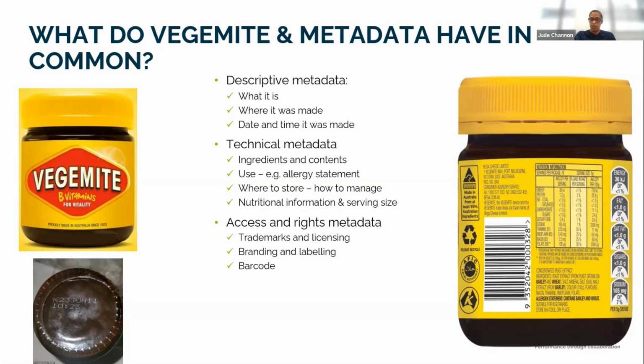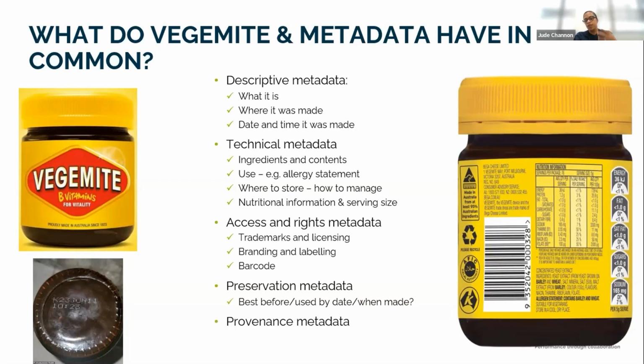If you scan that, you'd know all sorts of information about rights around what you can do with Vegemite. Preservation metadata, so the best before, use, end date. Think of your Vegemite jar when you're thinking about creating metadata, as well as provenance data: lineage of the data, who owns it, what certifications are, where it comes from, that sort of thing.